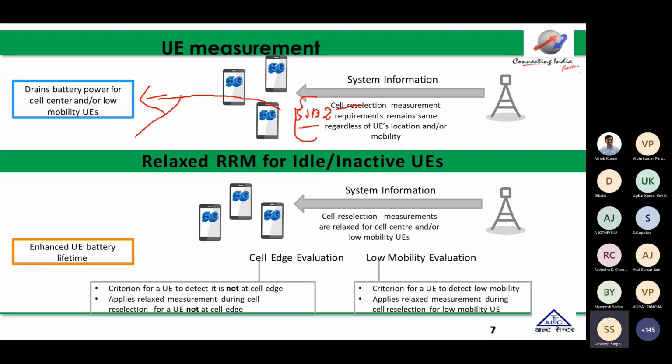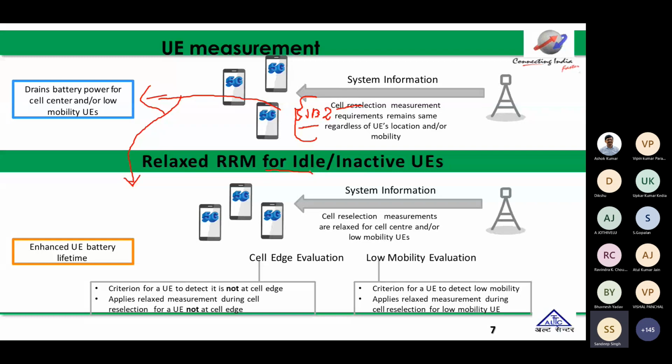But in 3GPP Release 16, they made a certain arrangement, that is relaxed RRM, radio resource measurement, for idle and inactive UEs.